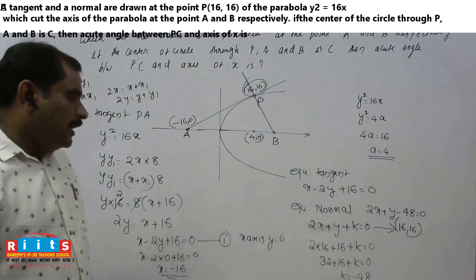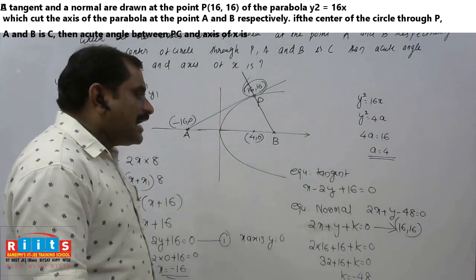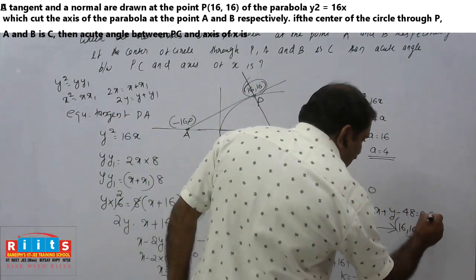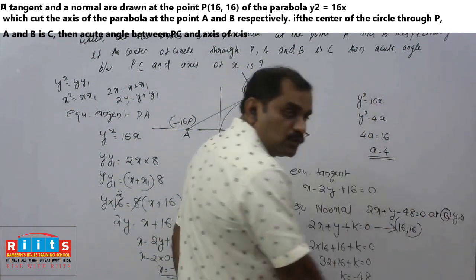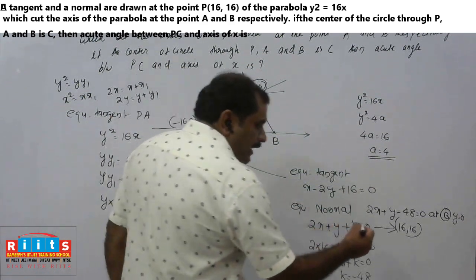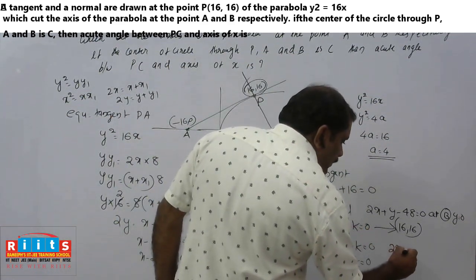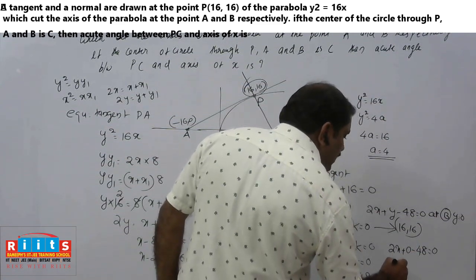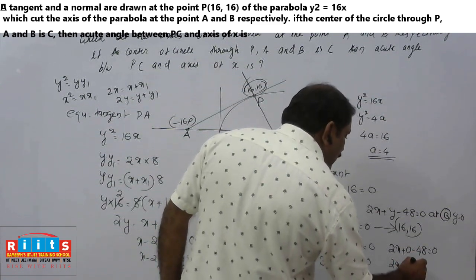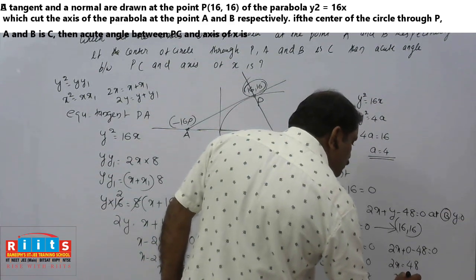The normal meets the x-axis at B, so the y coordinate is equal to 0. That is 2x plus 0 minus 48 is equal to 0, that is 2x is equal to 48. So x is equal to 24.